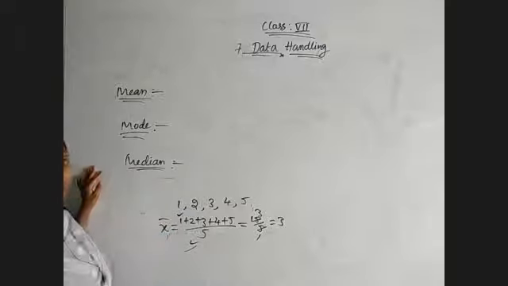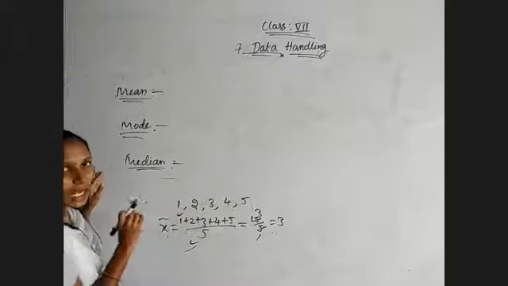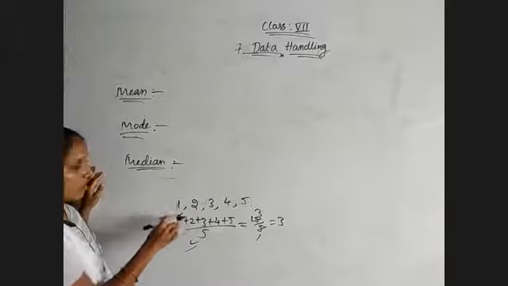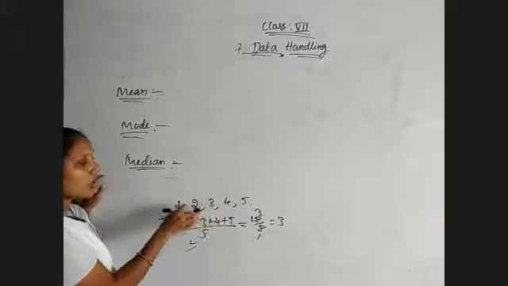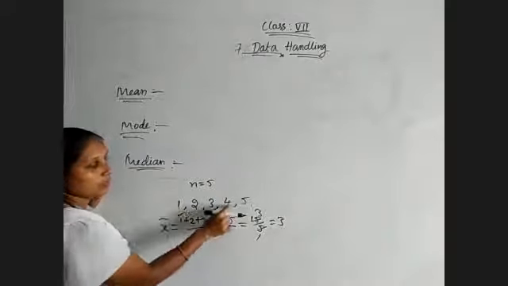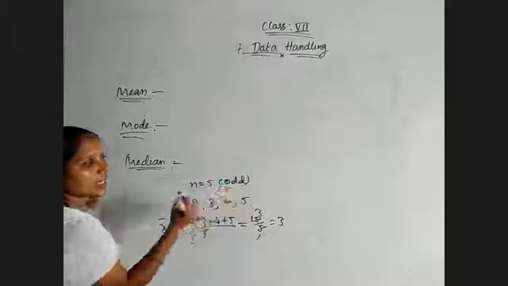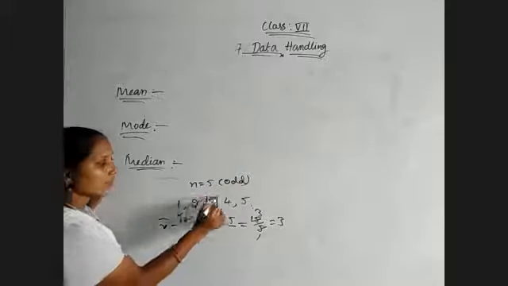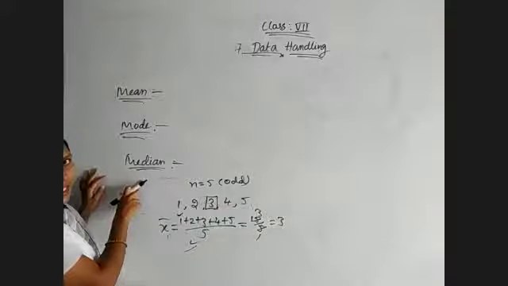While finding the median, we need to arrange the given data in ascending order, otherwise descending order. Here the data is already given in ascending order. How many observations are there? N equal to 5, an odd number. Whenever we get an odd number, exactly one middle value exists, and that middle value represents the median of the data.